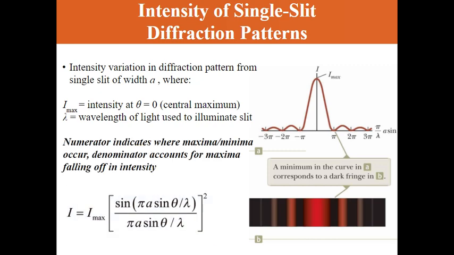But then there's a term here, a sine function in the numerator. And this term is just there to account for the series of maxima and minima. It accounts for the fringe pattern as you move around the screen. And there's a term at the bottom that accounts for the fact that intensity falls off as you move away from the center.